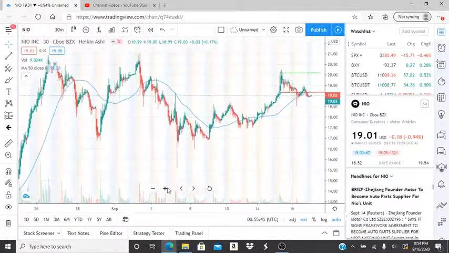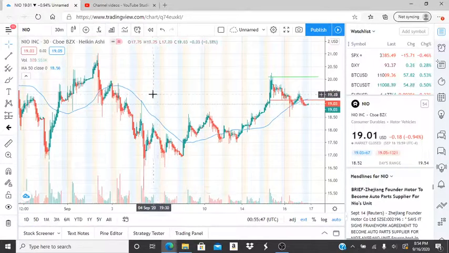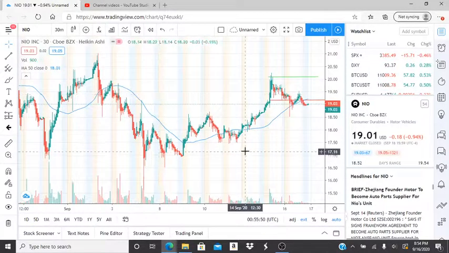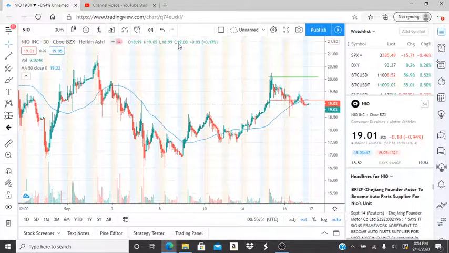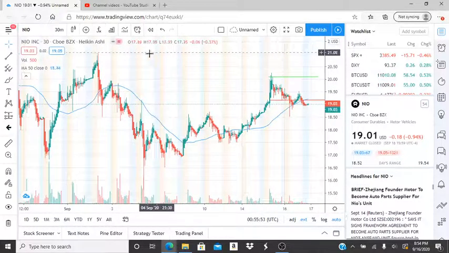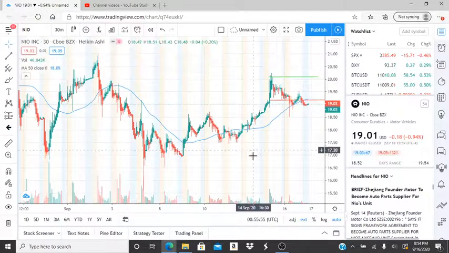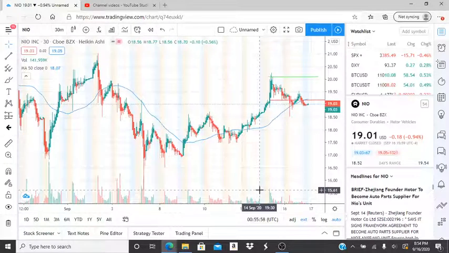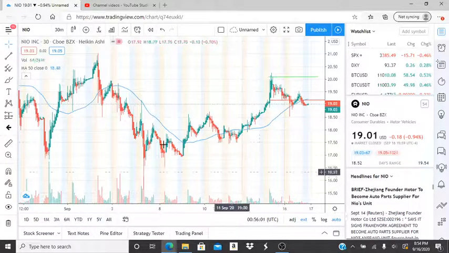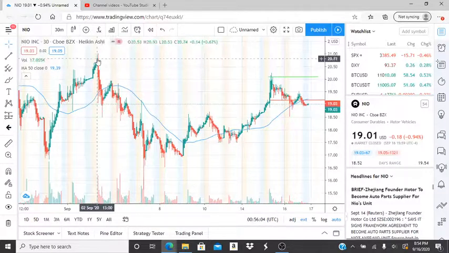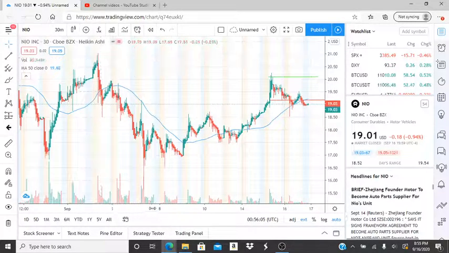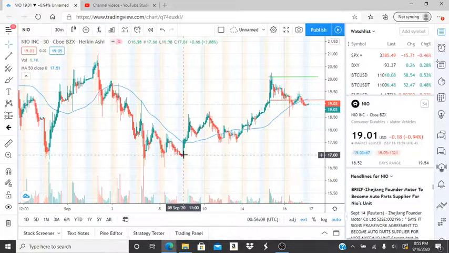It's been dipping, recovering, breaking through the 50-day moving average, falling back down. And right now, $21 is one of the most important resistance levels. And the hardest dip that this has done was $15.62.